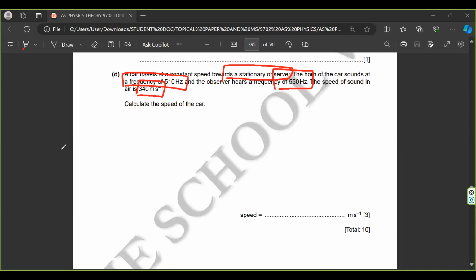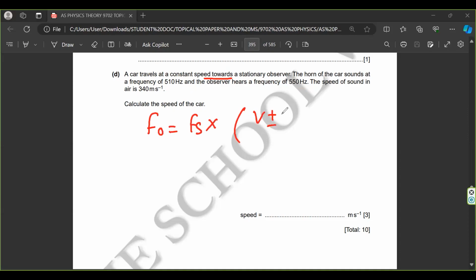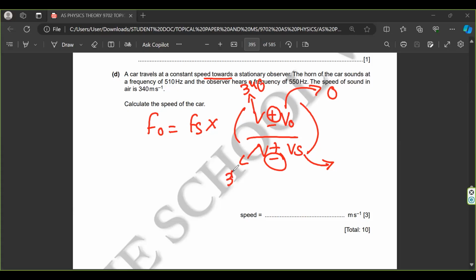All right, let's use the formula. We know that F naught is equal to Fs into V plus minus V naught over V plus minus Vs. Since V naught is 0 and the source is moving towards the observer, the numerator will be plus, and the denominator will be minus. Vs in this case is the motion of the car that we need to find out. V in this case is 340.